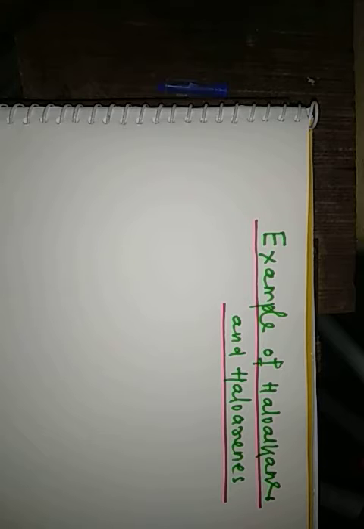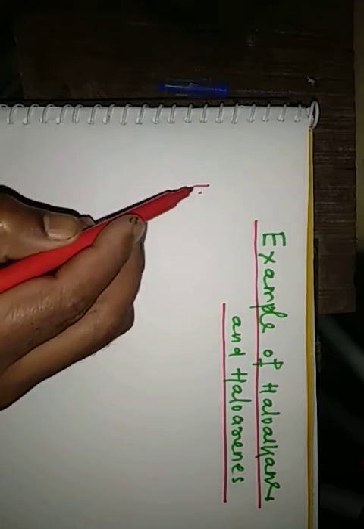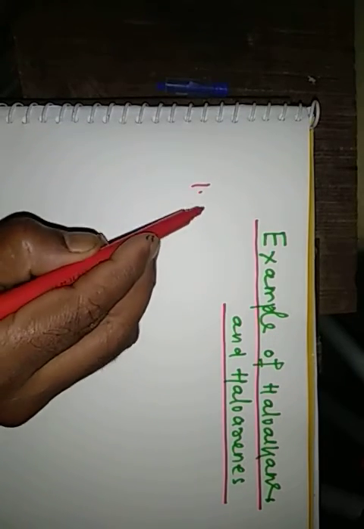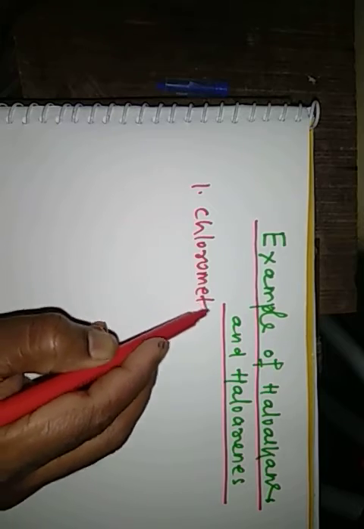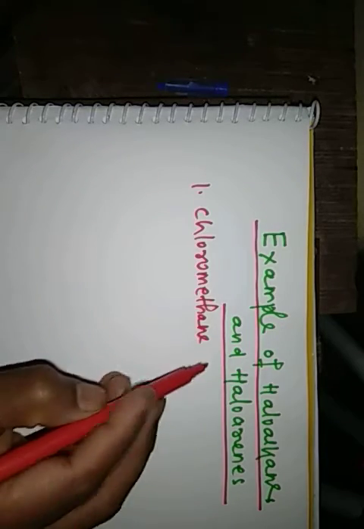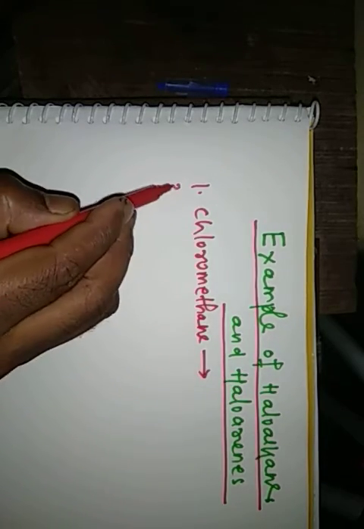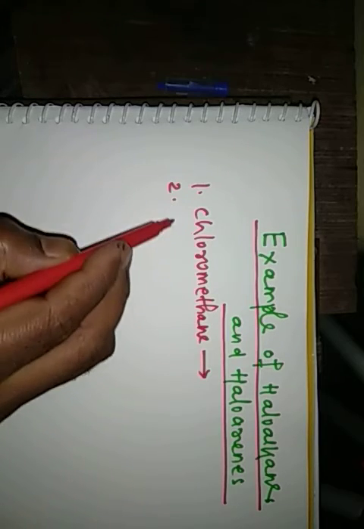Now we will see the examples of haloalkane and haloarene. First, we see chloromethane. Second, we see bromoethane.